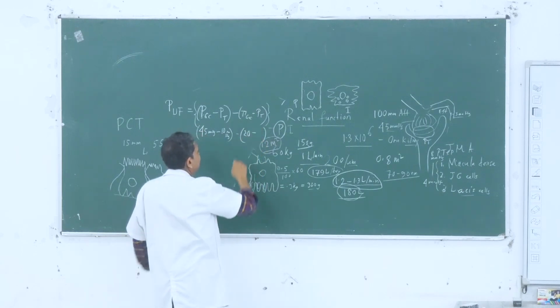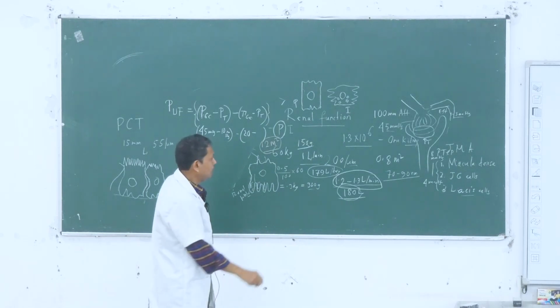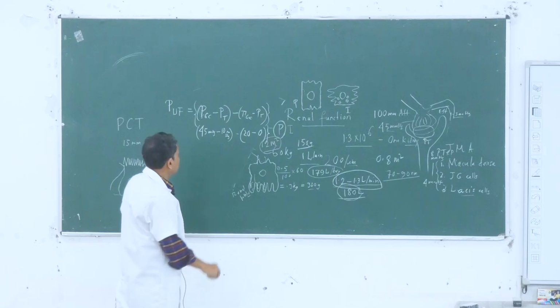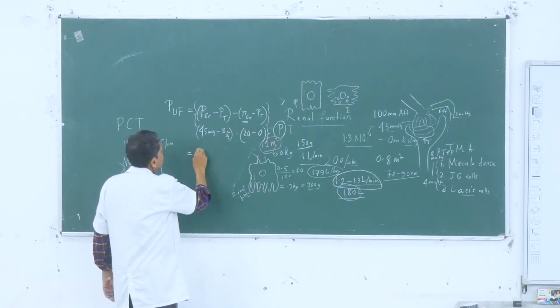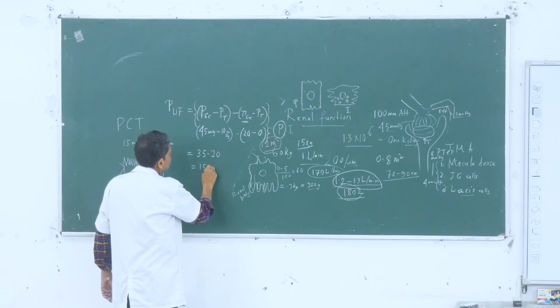Normally you can take the oncotic pressure in the tubule as 0 in here. So it will become 35 minus 20, 15 millimeter of mercury.